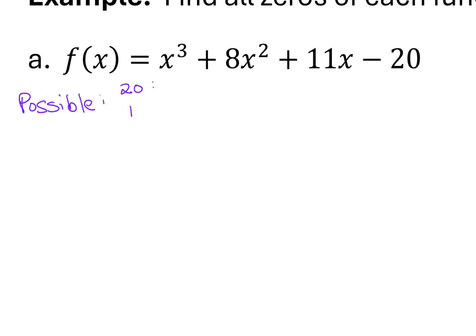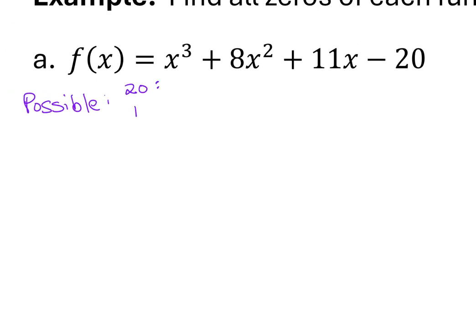For 20, we have 1 and 20, 2 and 10, and 4 and 5. For 1, it's just 1. And so our possible rational zeros are going to be plus and minus 1, plus and minus 2, plus and minus 4, plus and minus 5, plus or minus 10, plus or minus 20.